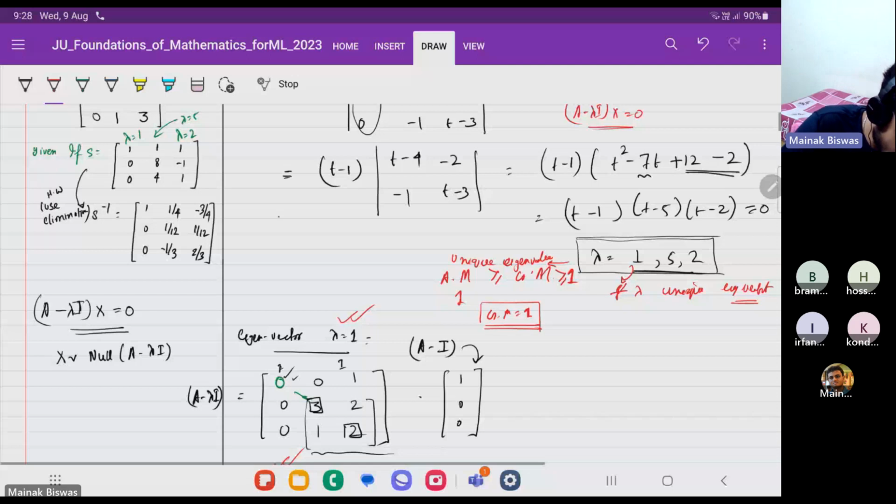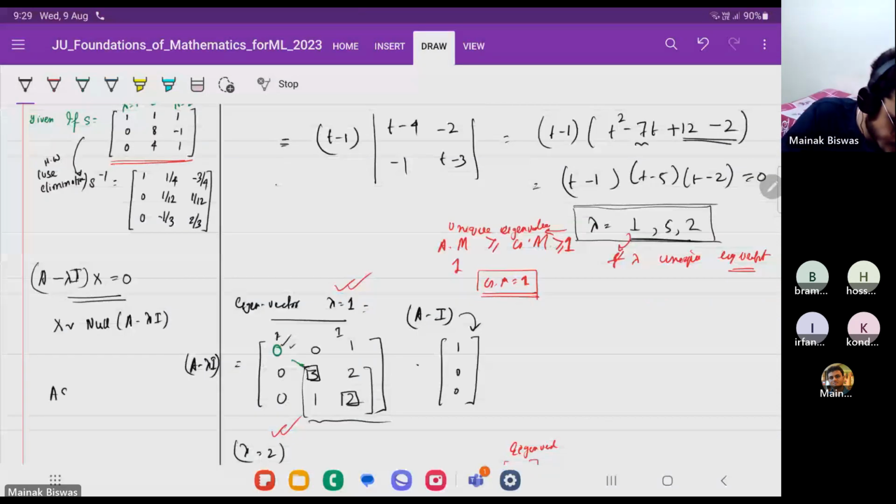So what did we do last day? We said that AS was equal to S into some diagonal matrix, yes or no? Which contained the eigenvalues, because you had stacked x1, x2 up to xn, and you had A.